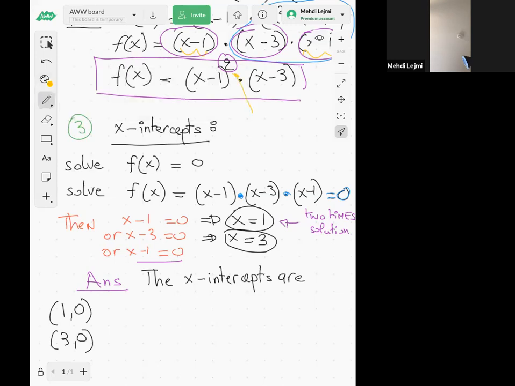It's a 2 times solution. Because of this square, this is of multiplicity 2. Now, what about the 3? Well, it's just x minus 3 to the power 1. It's just a 1 time solution. So this 3 is of multiplicity 1.